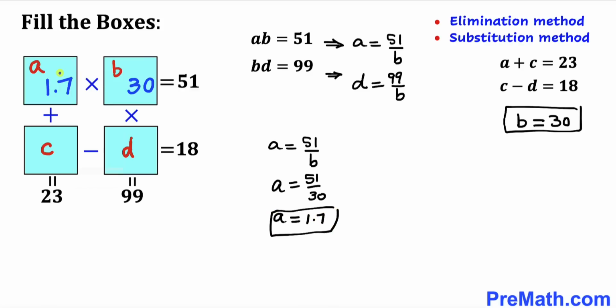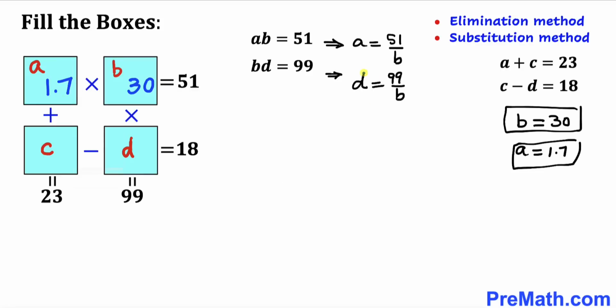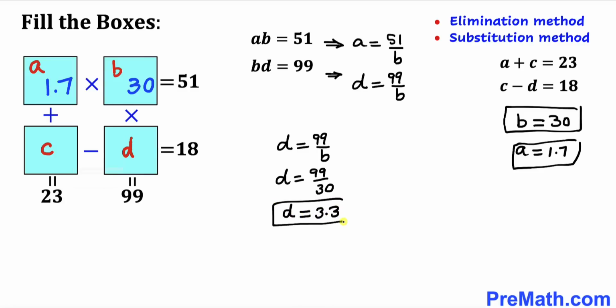Thus the value of box a turns out to be 1.7. Now let's focus on the next equation, d equals 99 divided by b. I have copied it down. Let's replace this b value by 30. So d is going to become 3.3. Therefore the value for box d turns out to be 3.3.